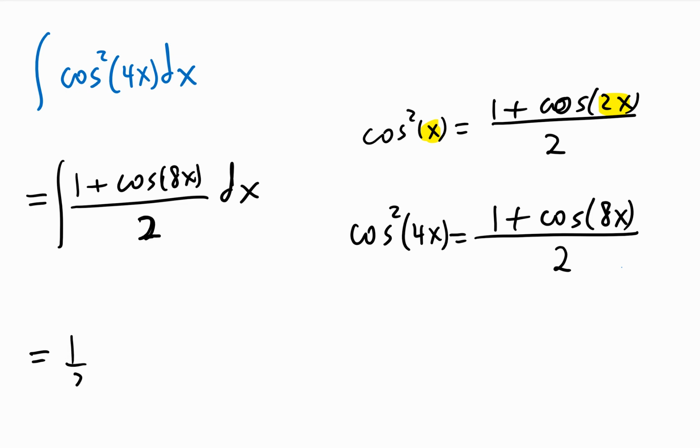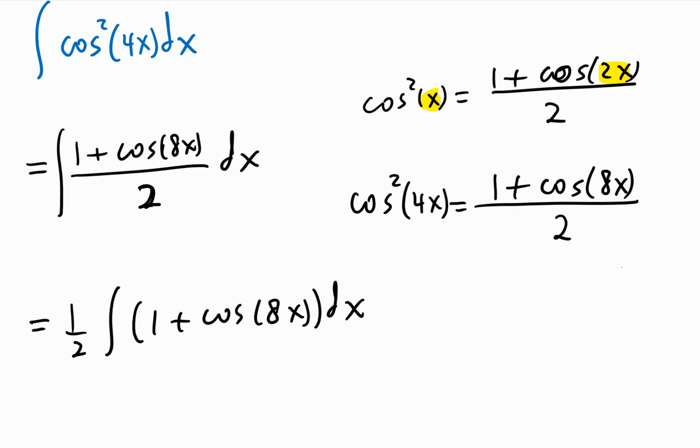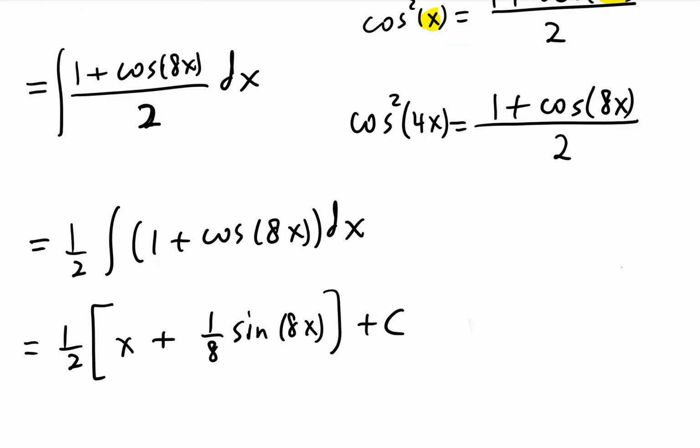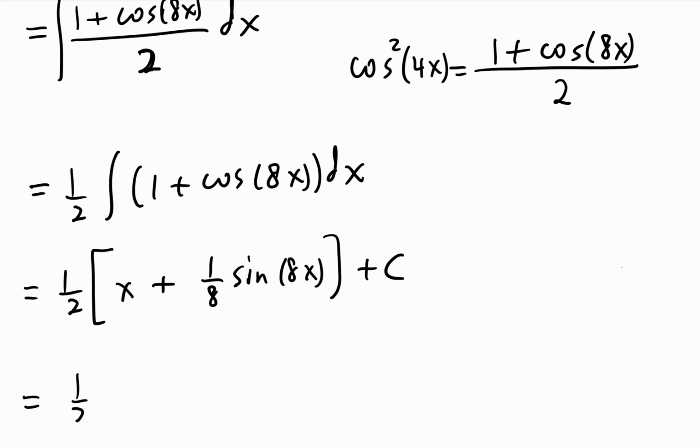So here we pull the 1/2 out, 1 plus cosine 8x dx. Keep the 1/2 out. This 1, what is the 1? It's 1x. This is 1/8 sine 8x plus c. Multiply the 1/2 in.